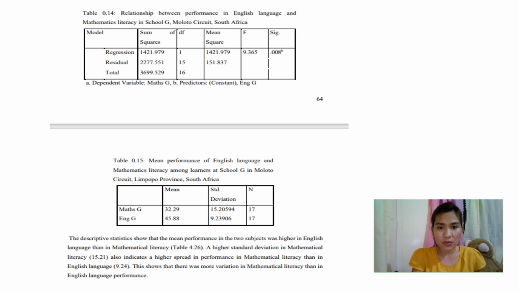A higher standard deviation in mathematical literacy with 15.21 also indicates a higher spread in performance in mathematical literacy than in English language with 9.24. This shows that there was more variation in mathematical literacy than in English language performance.